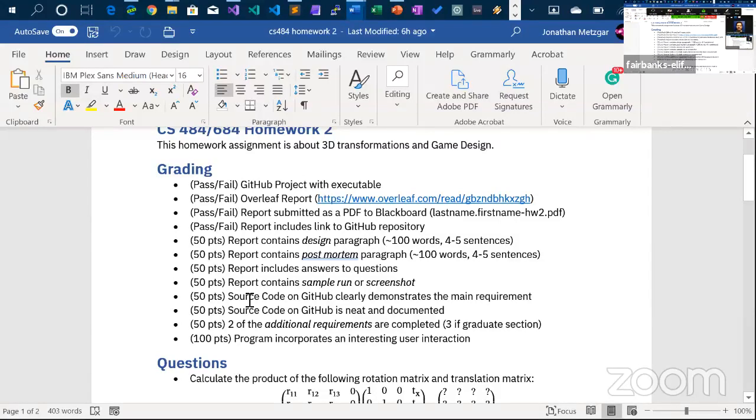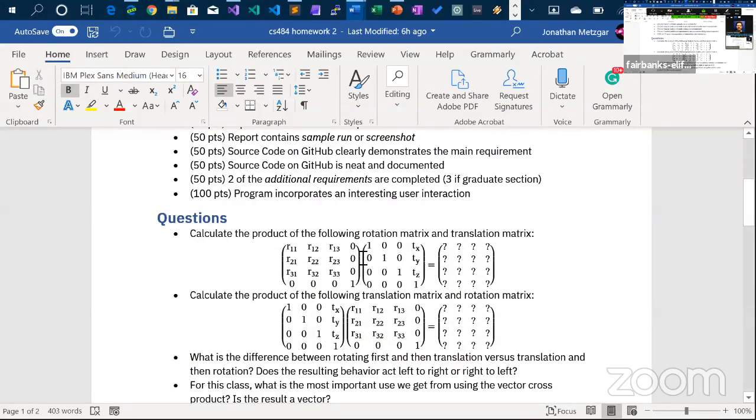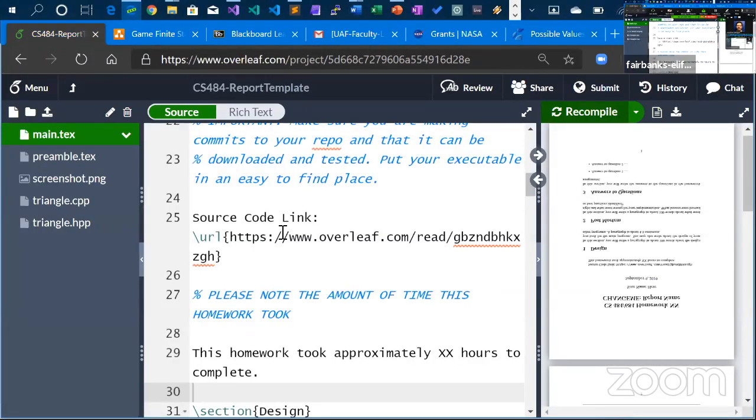Okay. I noticed on one or two of the turned-in homeworks that the matrices weren't formatting correctly, and that's because I forgot to include a package inside the LaTeX template. So you might want to go over to the LaTeX template and update it slightly.